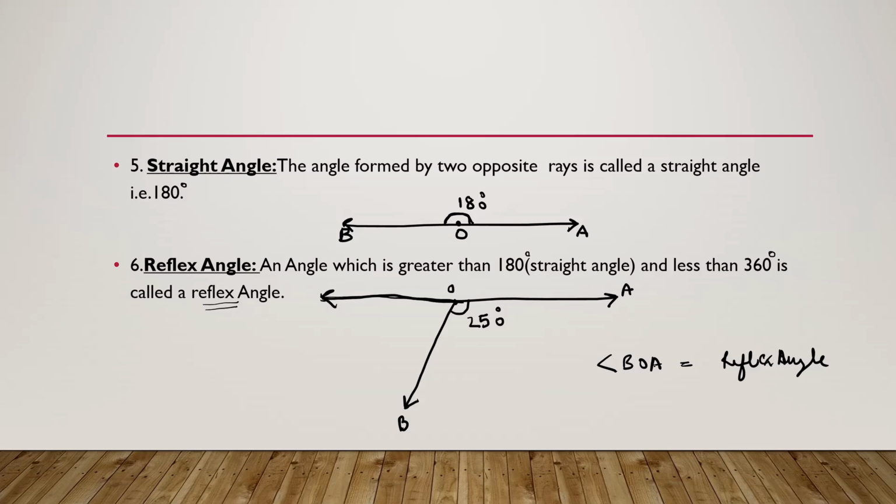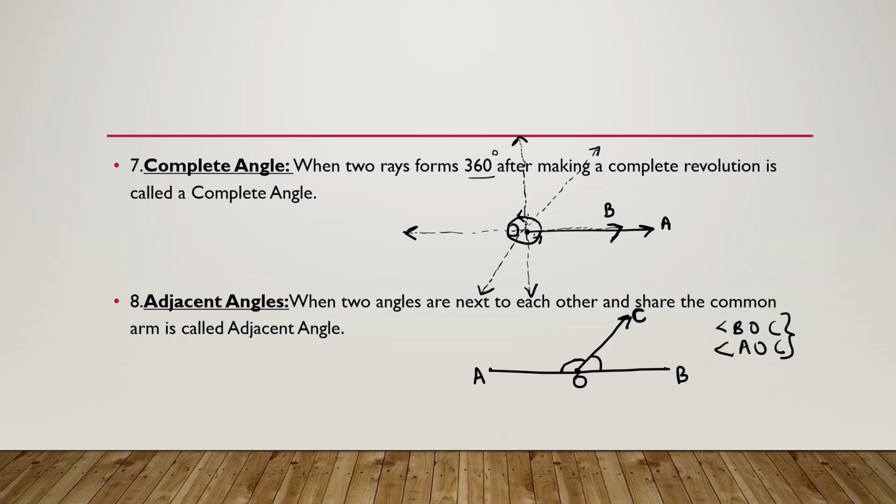Seventh one is complete angle. When two rays form 360 degree after making a complete revolution, it is called a complete angle. Ray OA makes a complete revolution, like a complete circle, and comes back to OA only. That is called a complete angle.